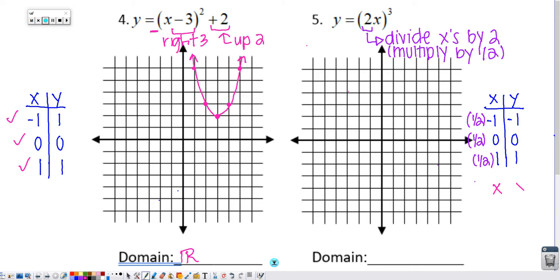So my new one is going to be -1/2, -1, 0, 0, and then +1/2, +1. Okay, now my signs are all good. Okay, and then I'm going to plot it.